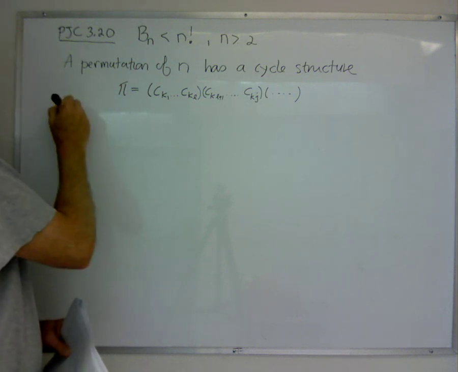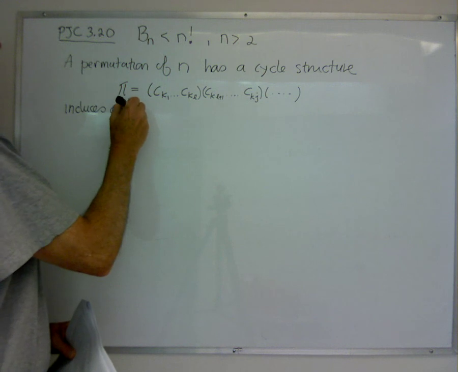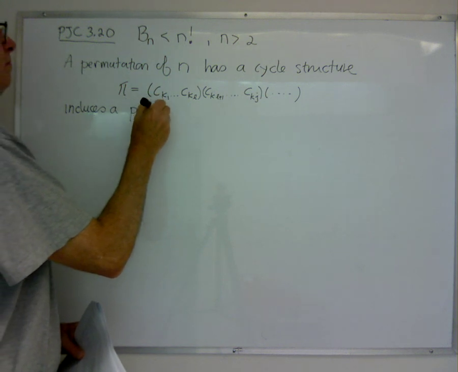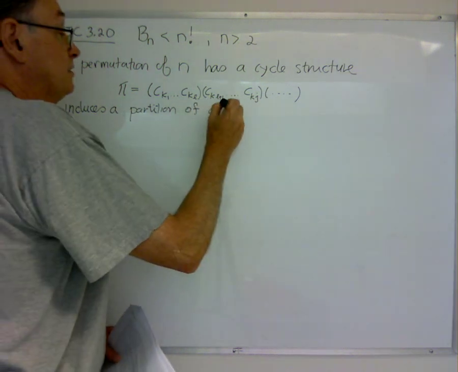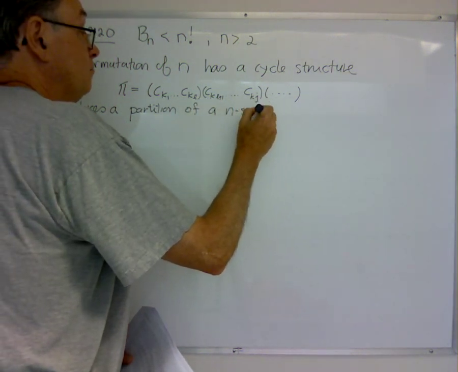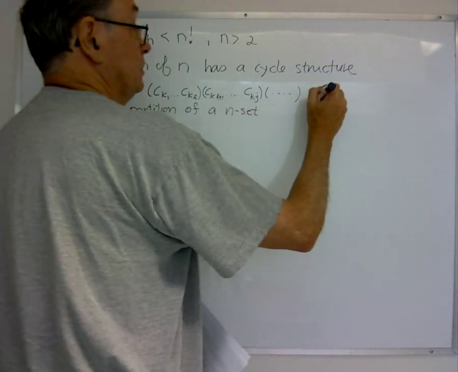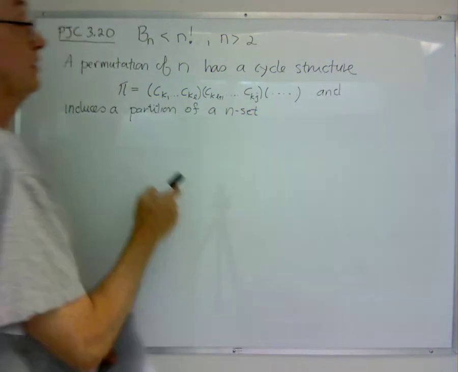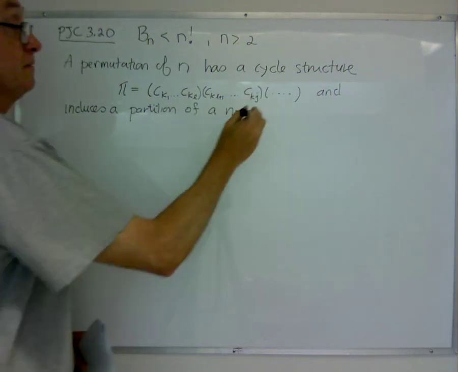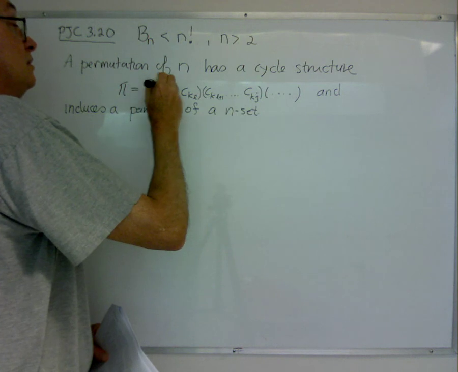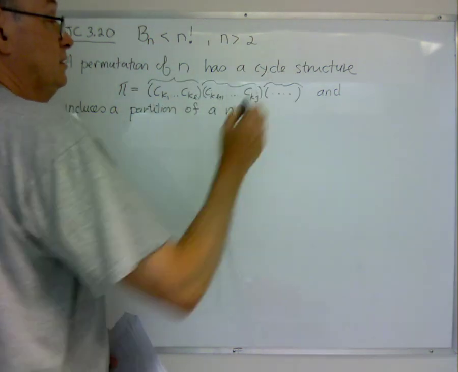So this structure induces a partition of an n set, and you should think of each as a subset in the partition.